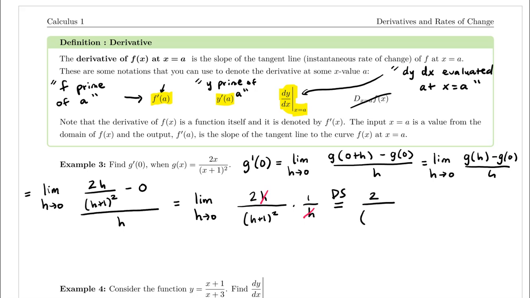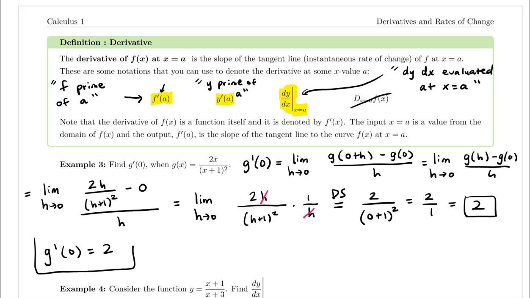And then in the denominator, I would replace h with 0. So I'd have 0 plus 1 squared. That is going to be 2 over 1. In other words, that simplifies to be just 2. So all of that was to say g prime of 0 is equal to 2. And remember, g prime of 0 tells us the slope of the tangent line of the function g of x when x is equal to 0.